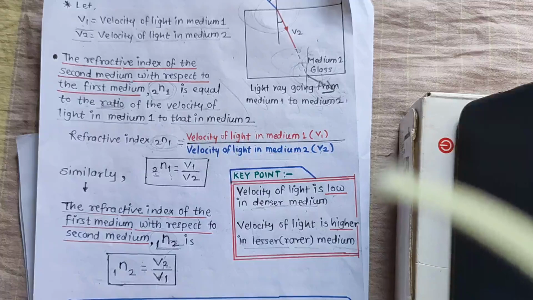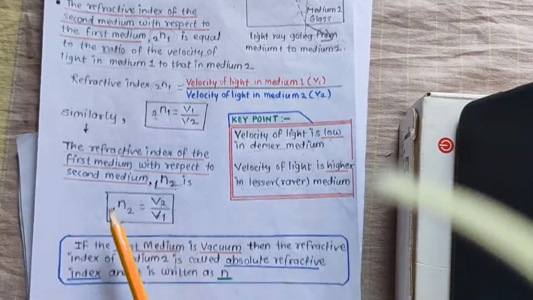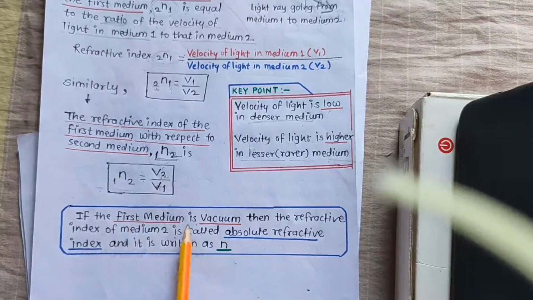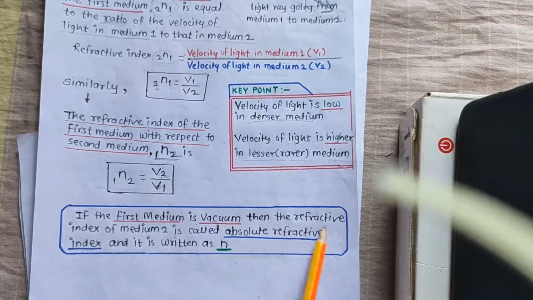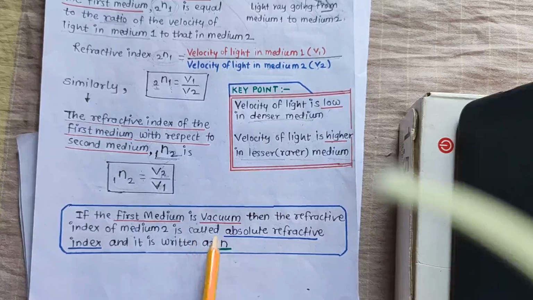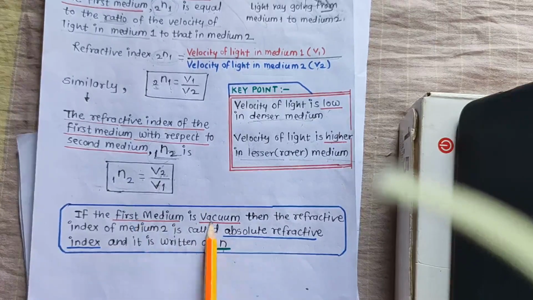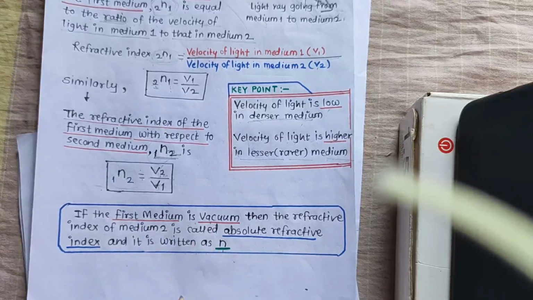Now if our first medium is vacuum, then the refractive index of medium 2 is called the absolute refractive index, which we have already covered, and it is written as n. So our first medium is vacuum, meaning the light ray is coming from vacuum and going into the air.